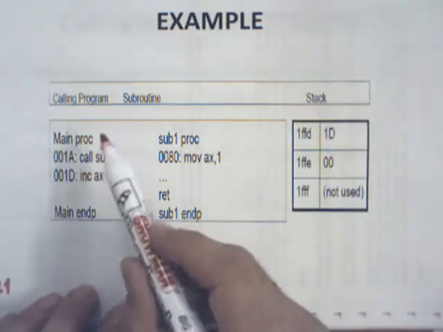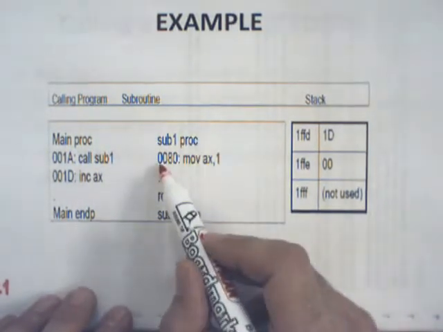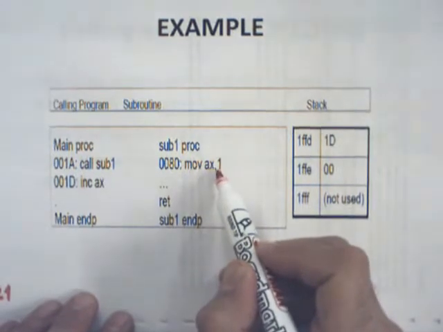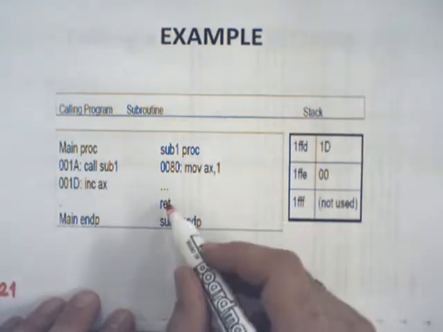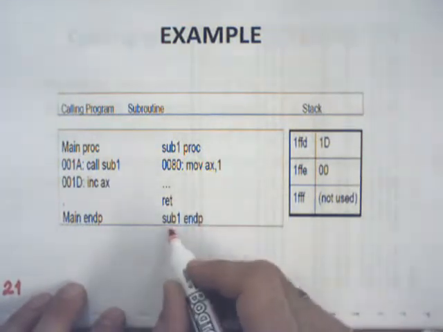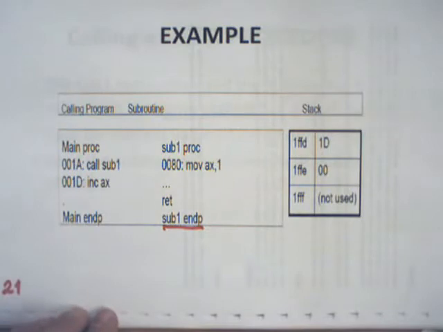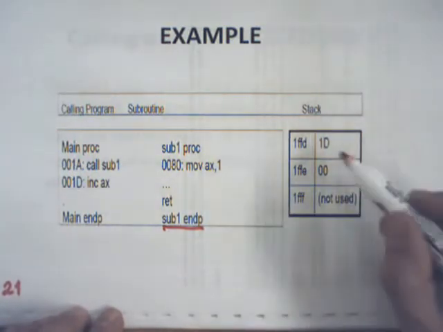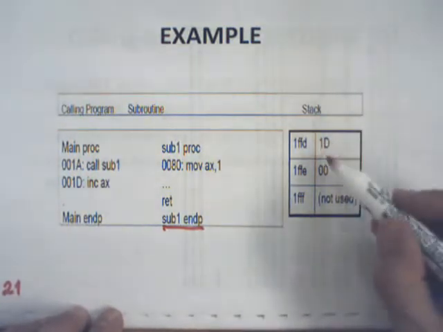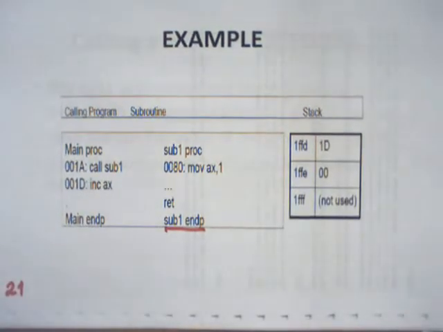And the example is the same as previous examples. We have subroutine 1, which is a procedure. The address has some commands, and it has other instructions and return and end of the procedure. So into the stack, the values associated with the instruction pointer are stored.